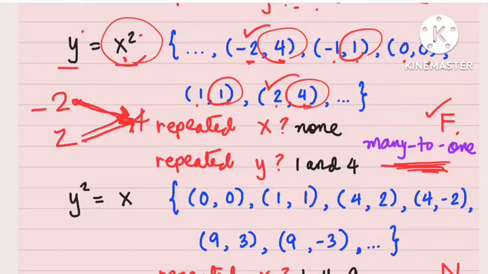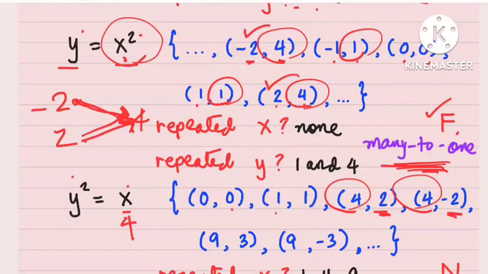What if y is raised to a power, x is not? We generate the following ordered pairs. When I input 0, my output will be 0. When I input 1, my output is also 1. When I input 4, my output will be 2 and -2.